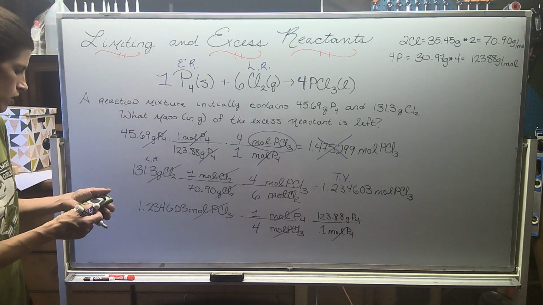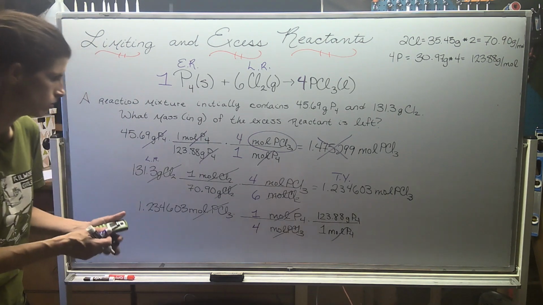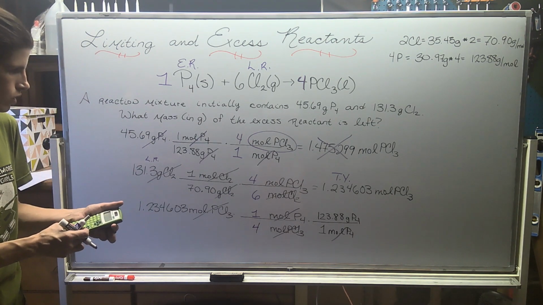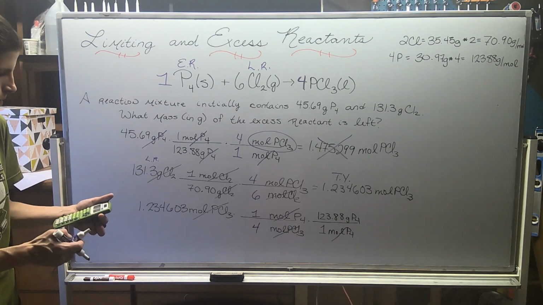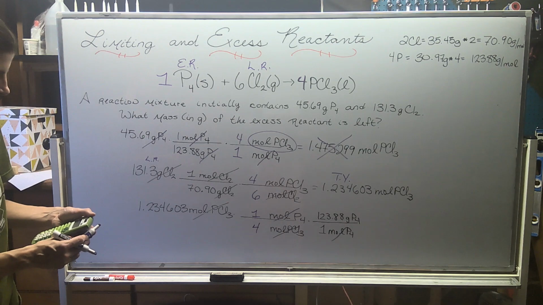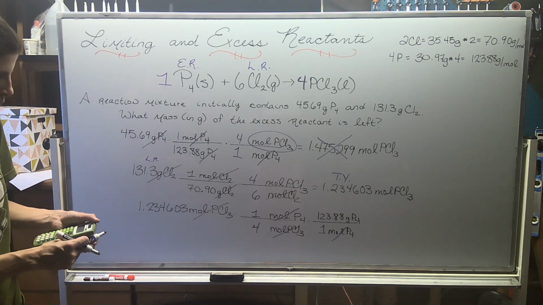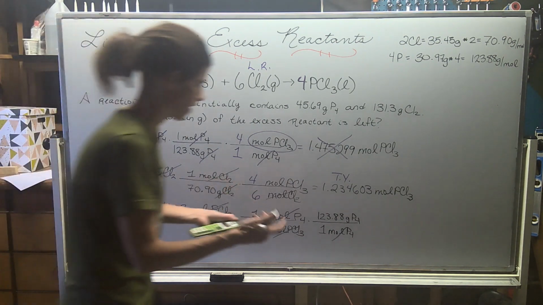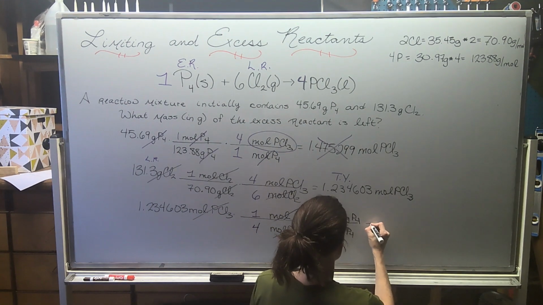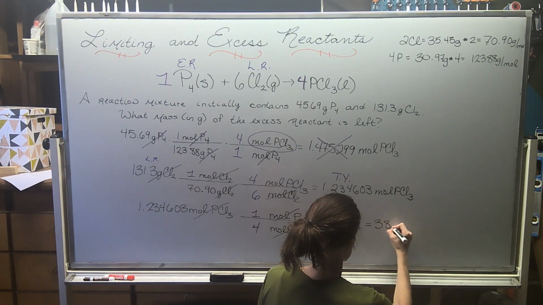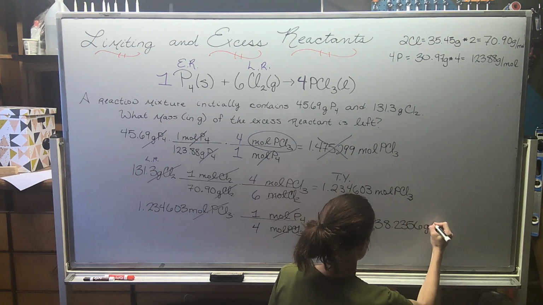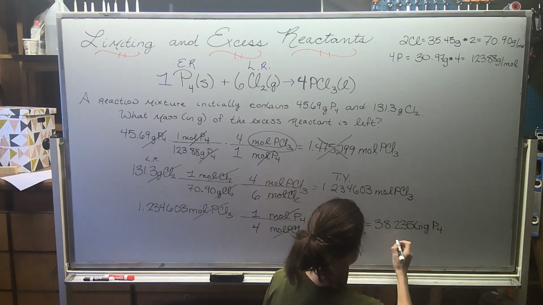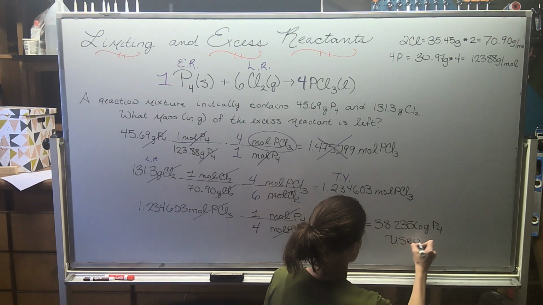So in my calculator, I'm going to do the mole value times 123.88 divided by 4. And I wind up with 38.2356 grams of P4. And this is how much was used.